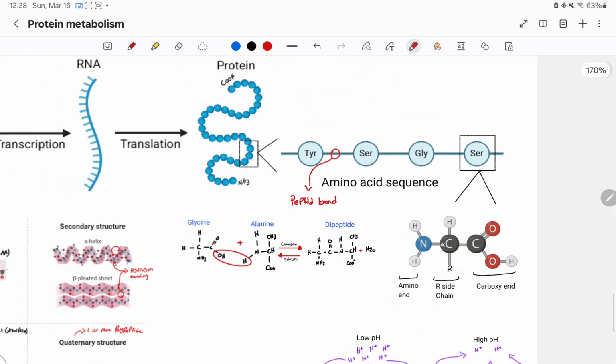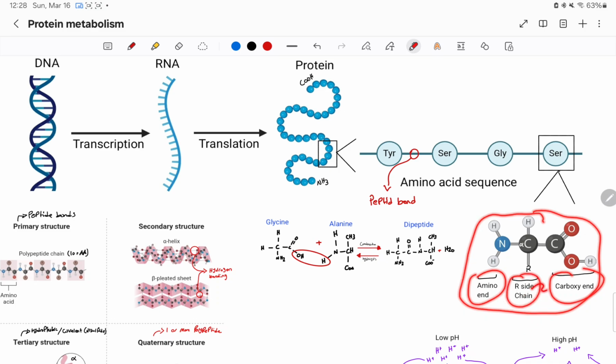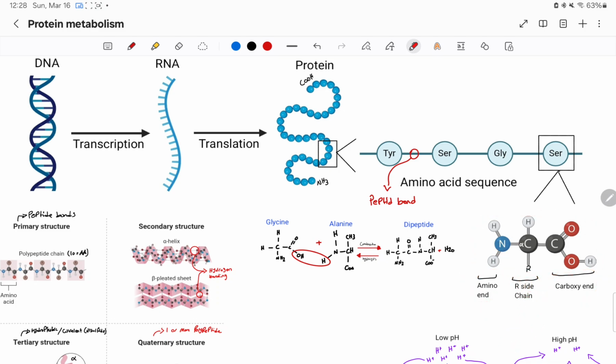So that's what the basic structure of an amino acid looks like. Don't worry, we'll get into the structure of each amino acid later, but it's important to understand the basic structure first, where we have a carboxy end, an amino end, and the R side chain that is variable between all the different amino acids, okay?